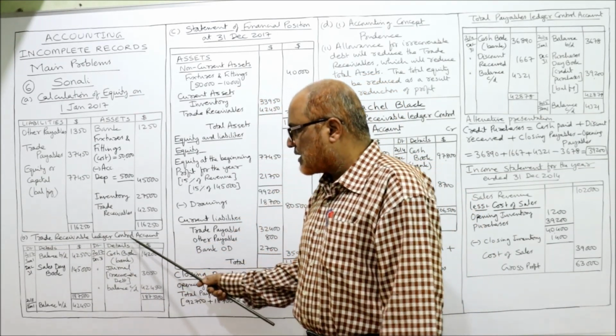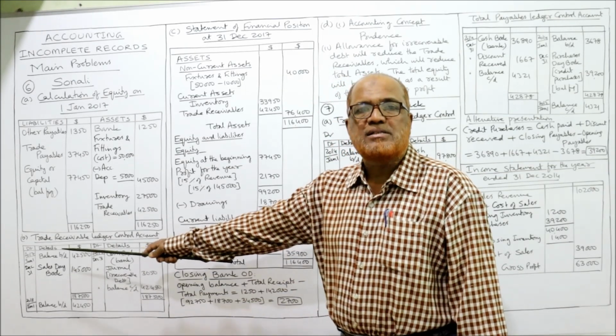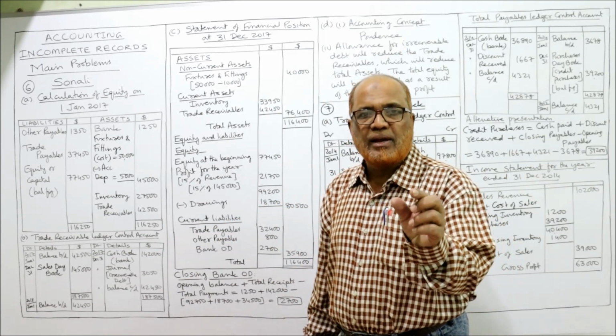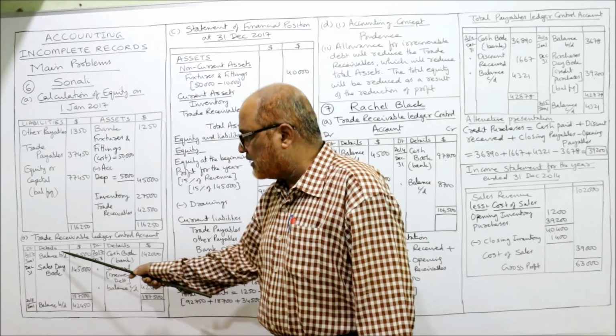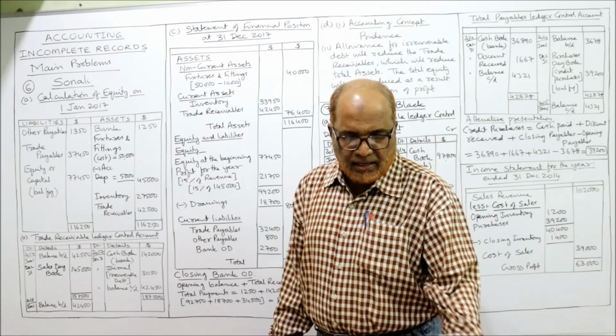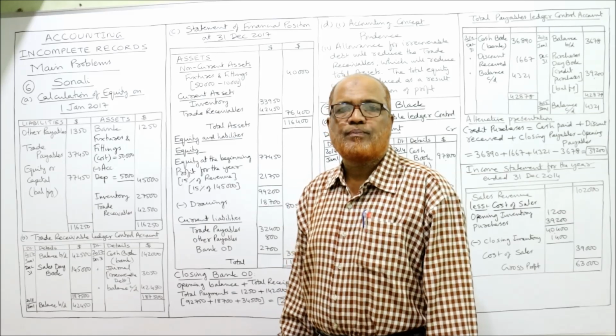Trade receivables ledger control account. First of all, the opening balance we will take on the debit side. In the last 5 problems I have explained this. Trade receivable account, debit side, balance brought down 42,500. This is the opening balance. Then we are given the sales. The total sales were 1,45,000.